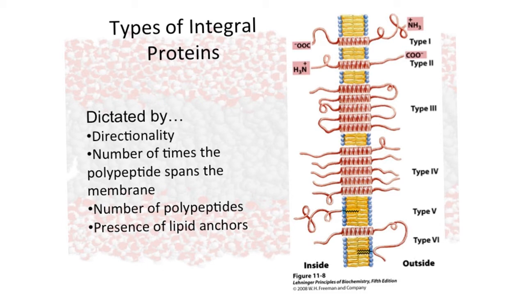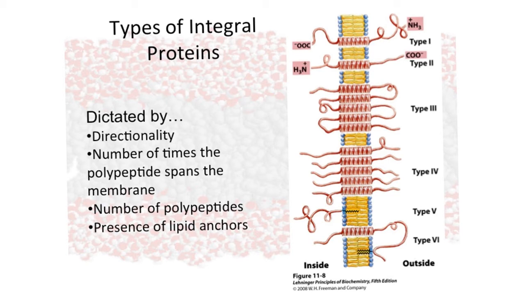The only difference between type 1 and type 2, which are both proteins that only span the membrane once, is whether the amino terminus is on the outside or the inside. For type 1, the amino terminus is on the outside of the cell. For type 2, the amino terminus is on the inside of the cell.